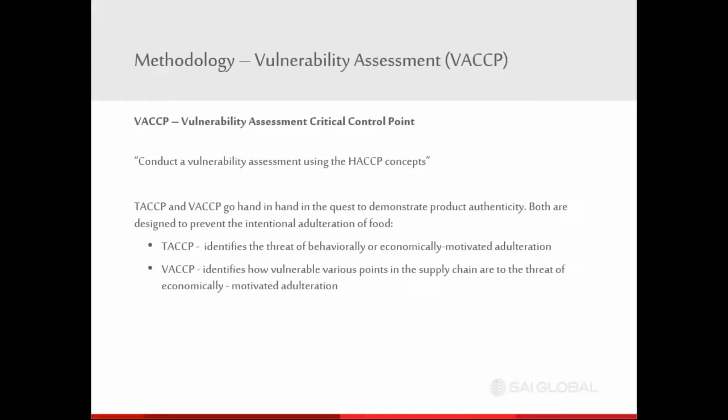Both are designed to prevent the intentional adulteration of food. TACCP identifies the threat of behaviorally or economically motivated adulteration. VACCP identifies how vulnerable various points in the supply chain are to the threat of economically motivated adulteration. TACCP is more around food defense, VACCP is for food fraud.